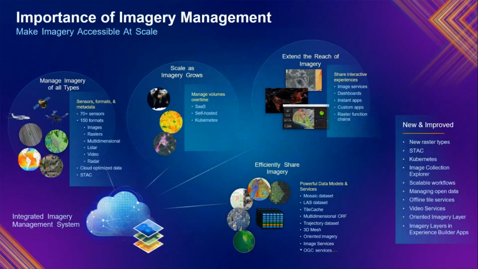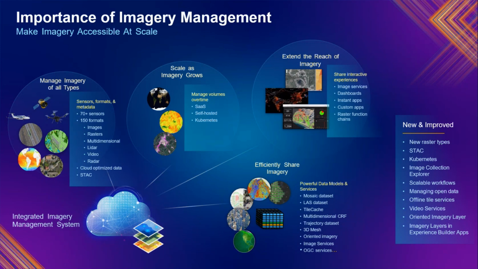So why is it important? As I said, that is because there are all the different formats of the data, the scalability of it, being able to scale it as imagery grows. You may only have maybe 100 gigabytes of data at the moment, but over time you're going to get more and more of it. And what you want to do is to make sure that that imagery becomes accessible to everybody within the organization. If it's locked away in a cupboard somewhere, it's basically worthless.